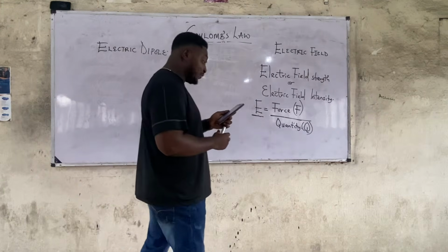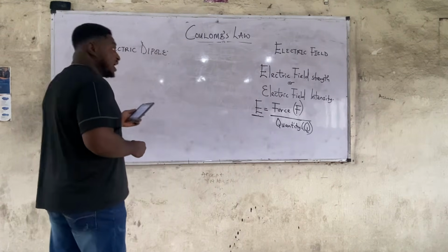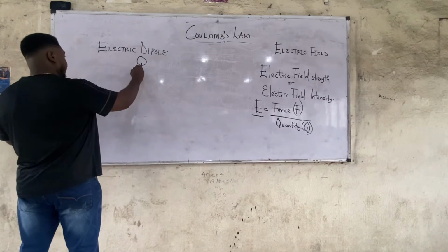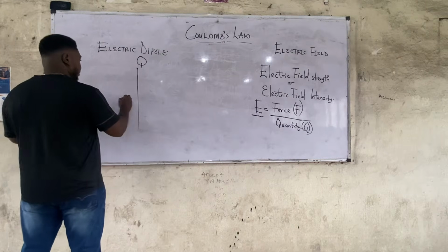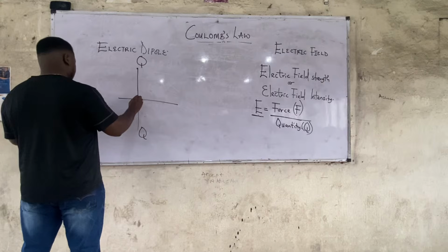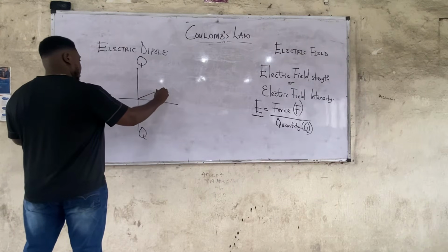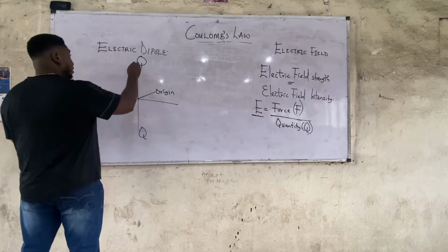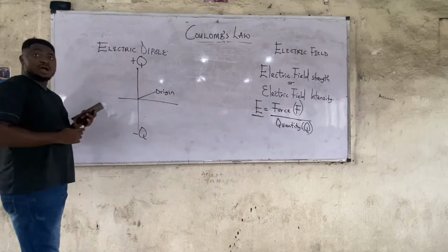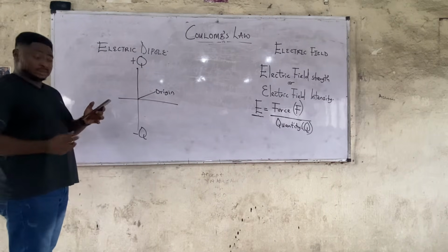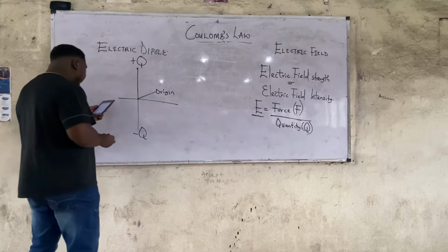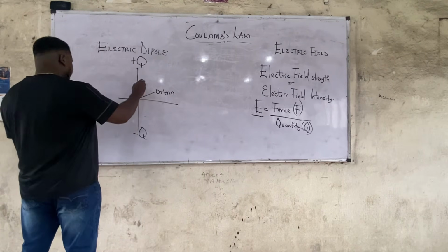Electric dipole is an arrangement of two charges of equal magnitude but opposite directions. Notice, each is separated by an equal distance from the origin.